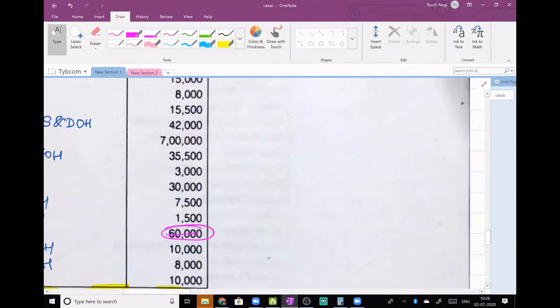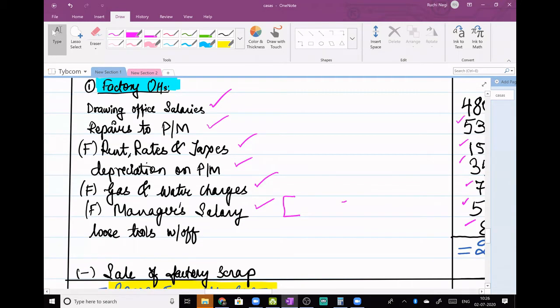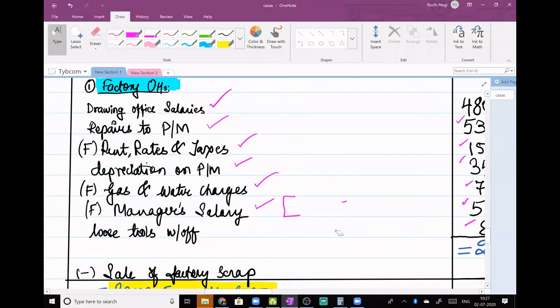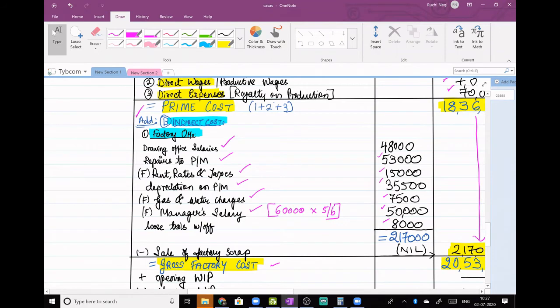So how will you calculate this? 60,000 into 5 divided by 6, so that makes it 50,000. Then loose tools written off 8,000.